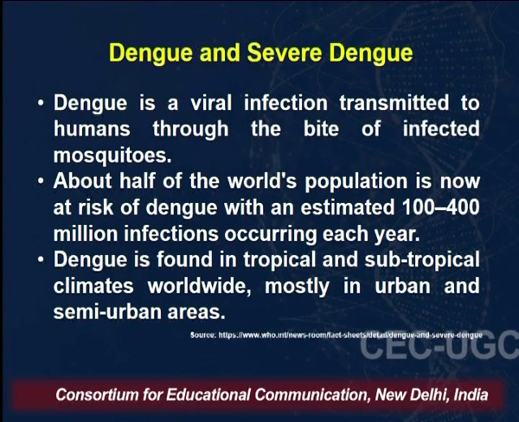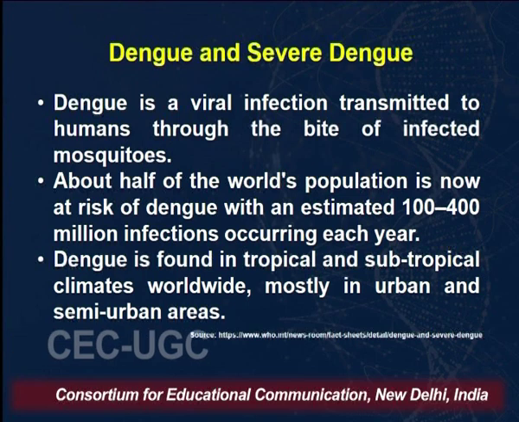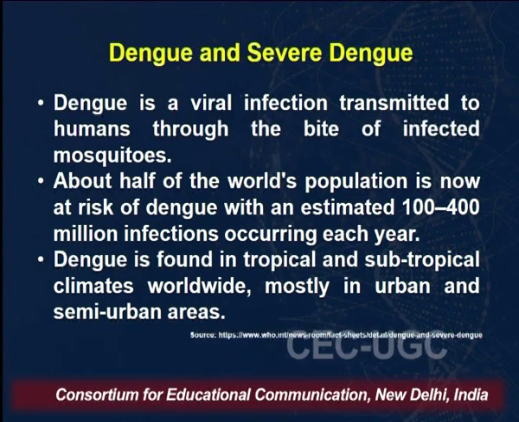Dengue is found in tropical and subtropical climates worldwide, mostly in urban and suburban areas. Many dengue infections remain asymptomatic, meaning no symptoms appear, because the person's immune system may be good enough to fight it, but many times a number of symptoms or a mild illness comes up.